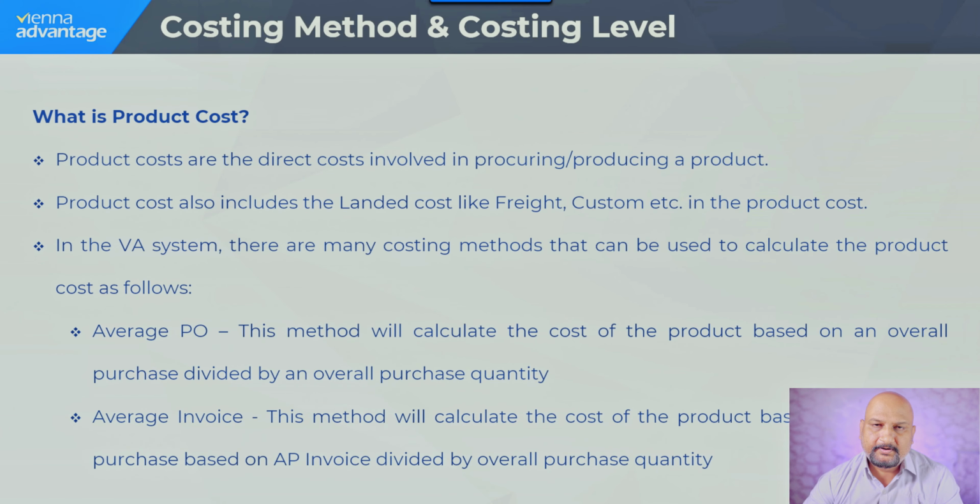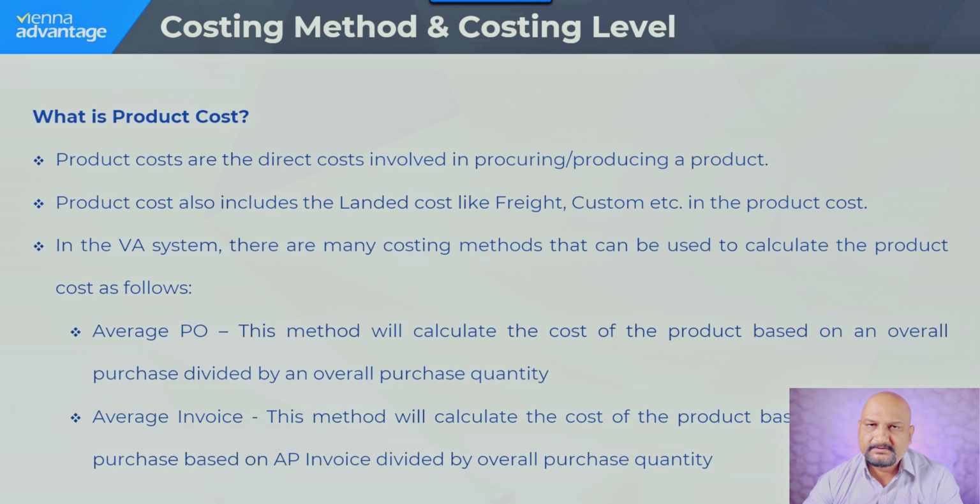So what is product cost? The product costs are the direct costs involved in procuring or producing a product. The direct costs are the material that you are procuring either from the vendor or from some manufacturing unit. But there are certain indirect costs also involved, known as the landed cost.